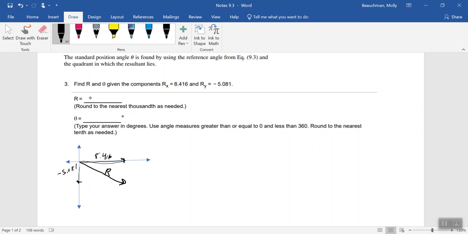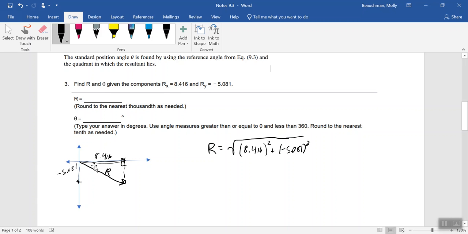Okay, so to find r, it's equal to the square root of the two sides. If you were to drop this down, it would make a right triangle. And this side over here has a length of 5.081. When we're looking at lengths, we're not looking at positives or negatives. So we get the Pythagorean theorem, 8.416 squared plus negative 5.081 squared, and that's going to be the length of our vector.